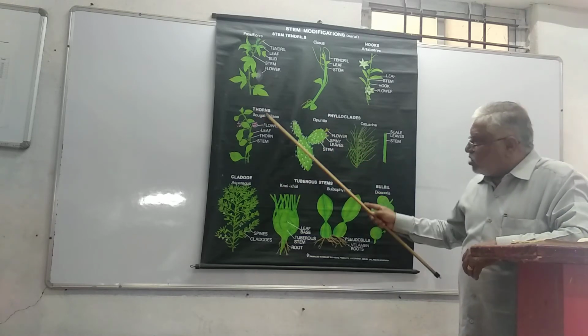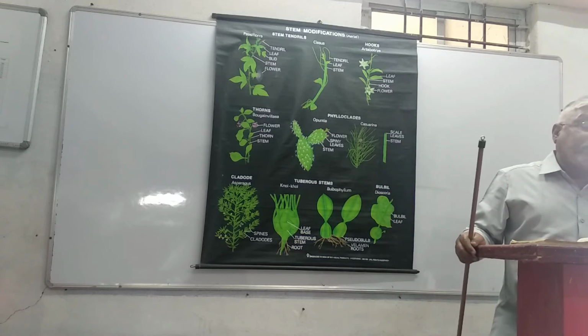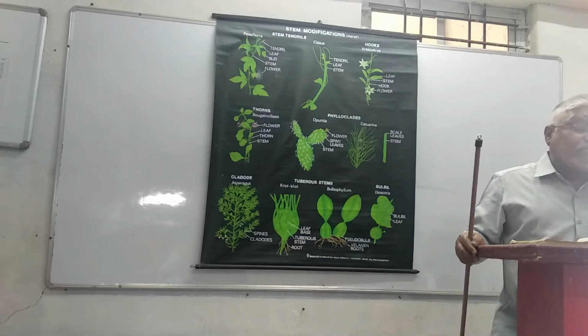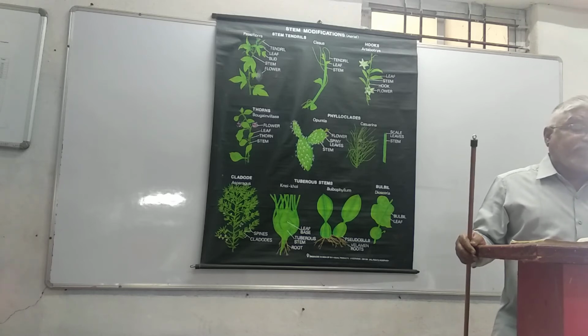So thorn represents an axillary branch of limited growth. It is hard, straight, pointed, and may sometimes be branched. Young thorns bear leaves and also branches. The characteristics indicate its stem nature.